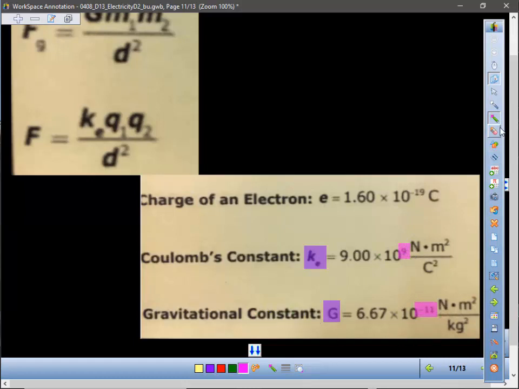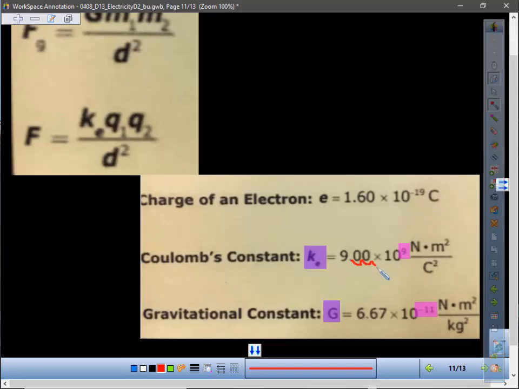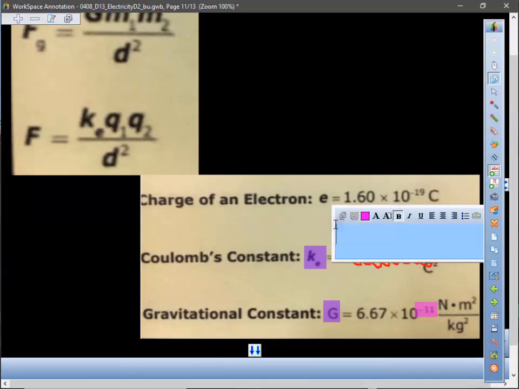Okay, so what does that mean? That means we are going to be moving the decimal here 9 places to the right to make it bigger by 9. So it's going to go 1, 2, 3, 4, 5, 6, 7, 8, 9. So it'll be like 9 with 9 zeros. That's the constant for the electrostatic force.